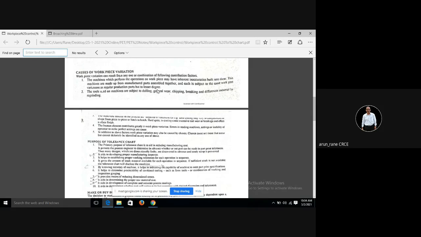It is like an 8th standard student who cannot teach other 8th standard students. The instrument with a least count of 0.02 cannot be used for checking a 0.02 tolerance.